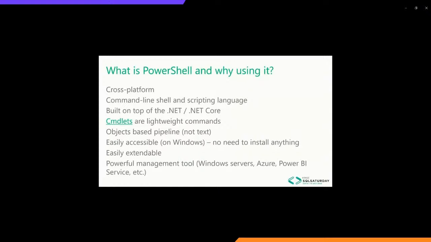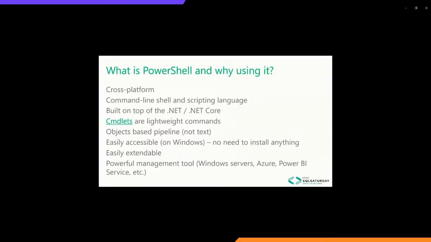Unlike most other shells like Bash or DOS, which accept and return text, where actual text is passed to the commands, PowerShell is built on top of the .NET Core, and actual objects are accepted and returned by the different commandlets.